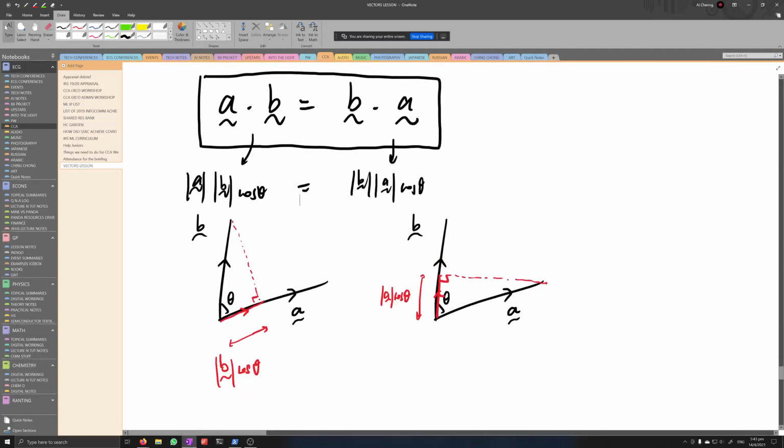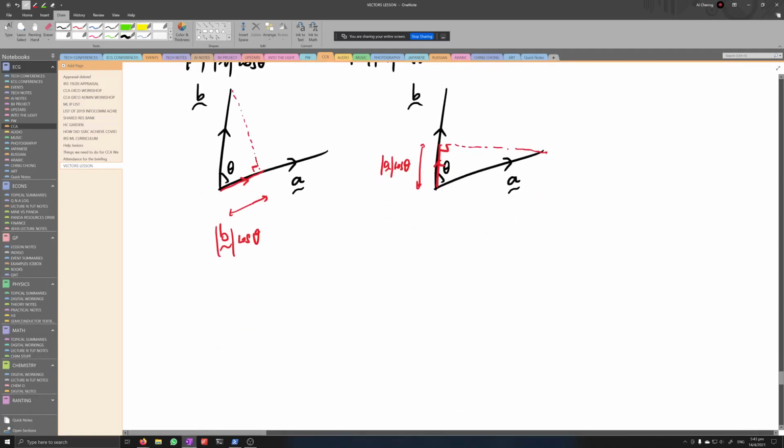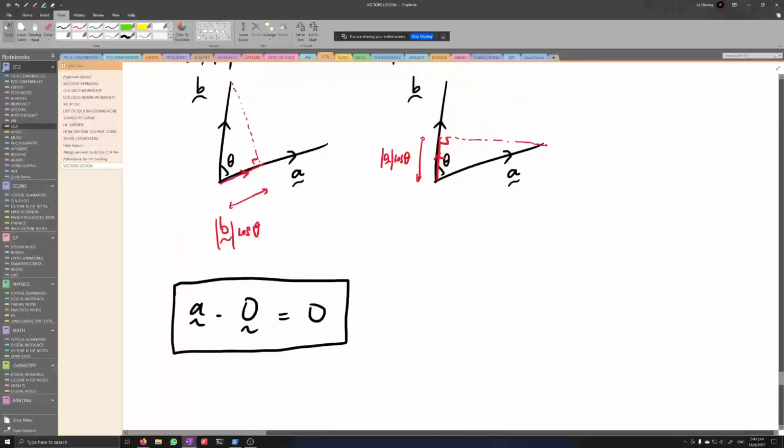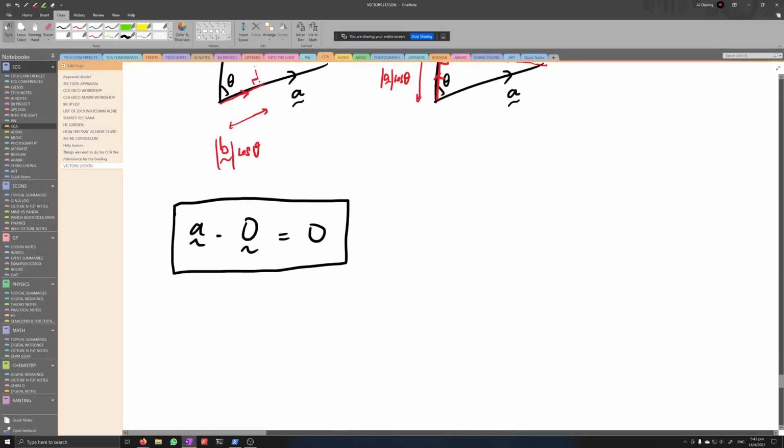So there's this equality here. A dot 0 null vector gives you 0 because the magnitude of a null vector is 0. You get A dot 0 equals 0.